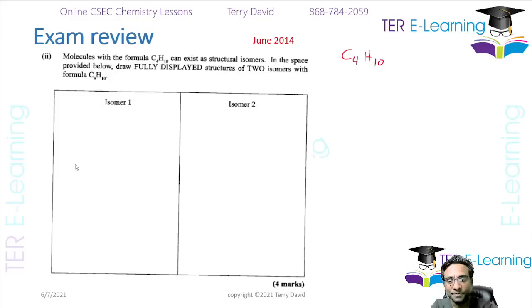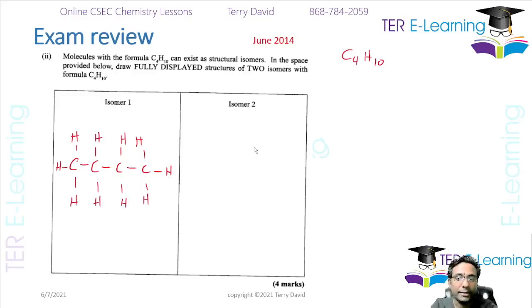So what you could do, you can just draw a straight chain first of all that has 4 carbon atoms. So this is one structure. So this is one isomer here. Now for isomer 2, we could try to create a branch isomer. So we can do this.